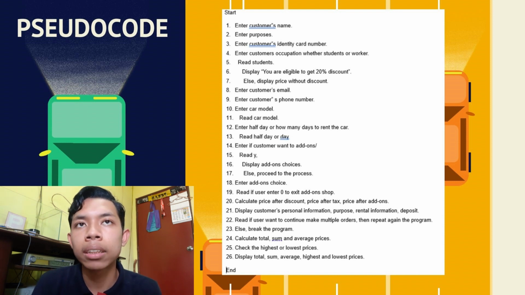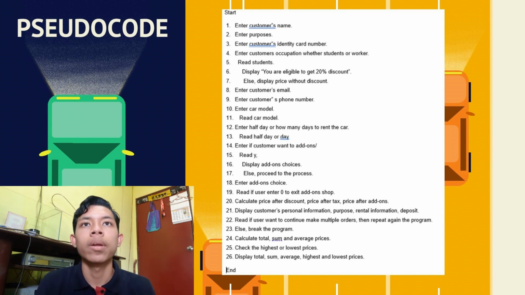asking for the customer's name, purpose, identity card number, and occupation, whether student or worker. So this is selection control, where the program will read student and then display that you are eligible to get 20% discount.